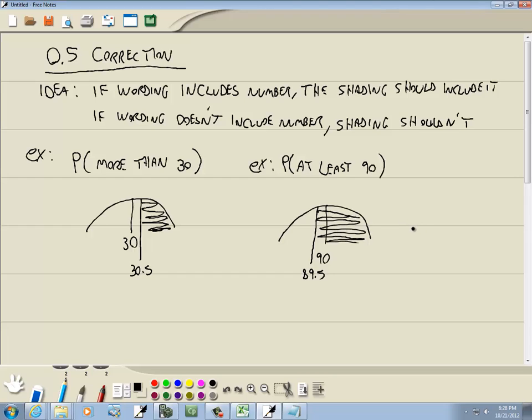If I had added the 0.5 and gone to 90.5 and shaded to the right, see how my wording includes 90, but when I add 0.5, my shading doesn't include it. So again, if your wording includes it, your shading has to.